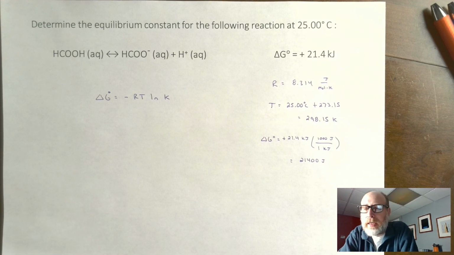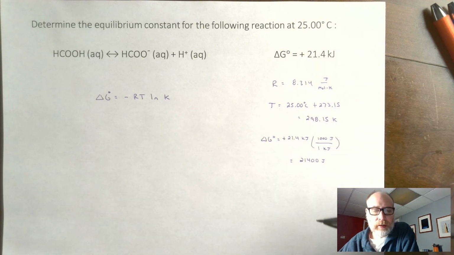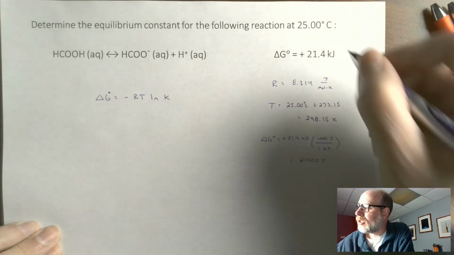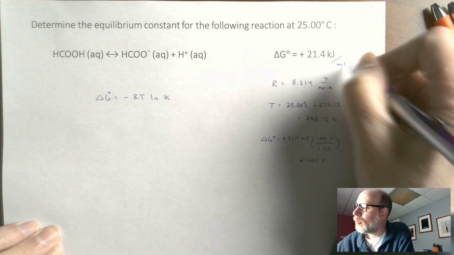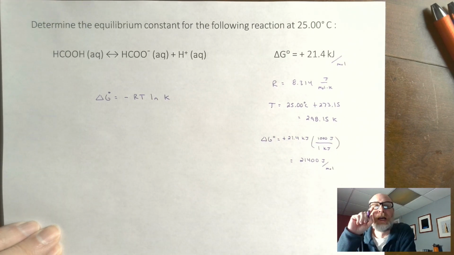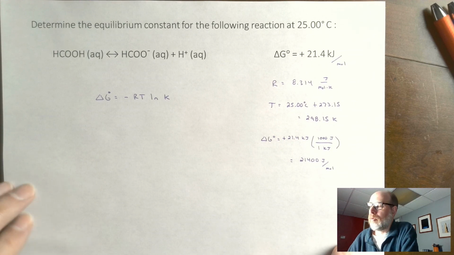A lot of times these are joules per mole, and you're going to see that the mole will cross out. So really this should probably have been kilojoules per mole and this is going to be represented as joules per mole. Sometimes that gets left off, but it's an important thing to think about.